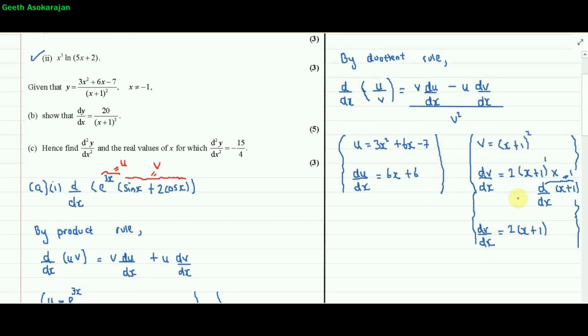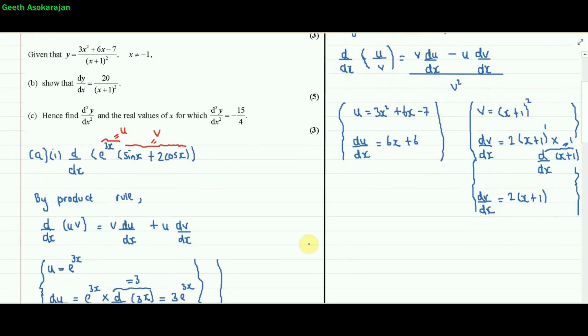Now let's apply this into our quotient rule. Let me scroll down slightly. d by dx of u over v, where u is 3x squared plus 6x minus 7, all divided by v, which is (x plus 1) squared.